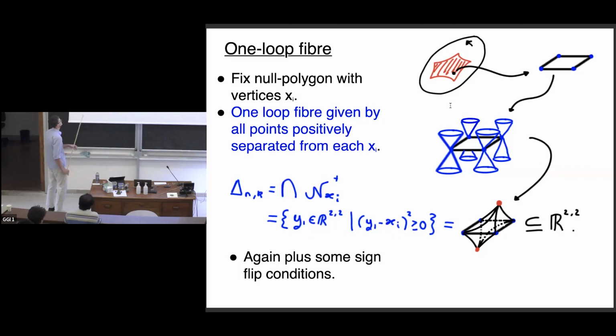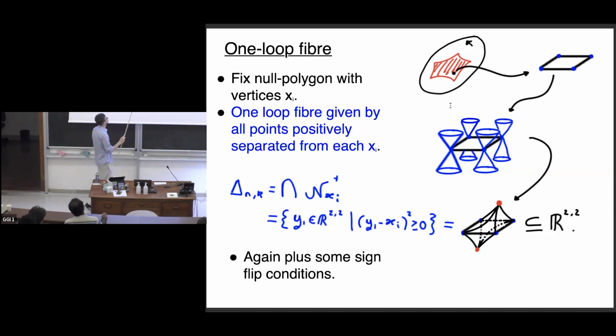So we fix our null polygon, and the one loop fiber is defined by those set of points in R2,2 which are positively separated from each vertex of your null polygon. So the picture we have is a point corresponding to a null polygon. We shoot out all null cones of the xi. We're in R2,2, so maybe cones is the wrong word, but that's the one I'm going to use.